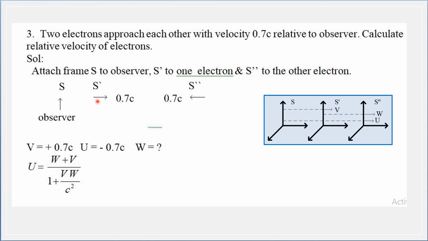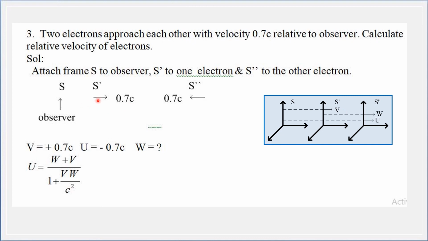That means this velocity is related to the first frame and this velocity is also related to the first frame. So this is the second frame, third frame. Now here we find that the second frame is moving toward the right with velocity 0.7 c with respect to the first frame. We know that the second frame is moving toward the right with respect to the first frame with velocity v. So that means v equals plus 0.7 c.